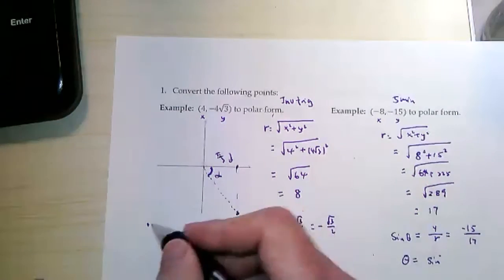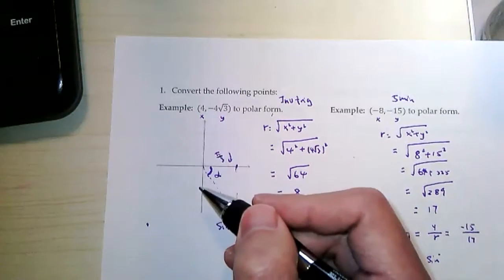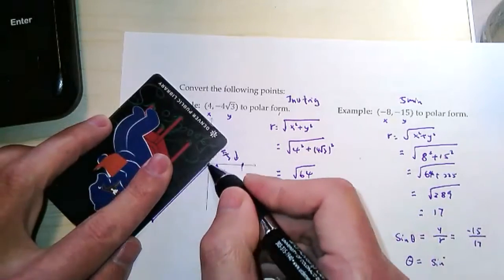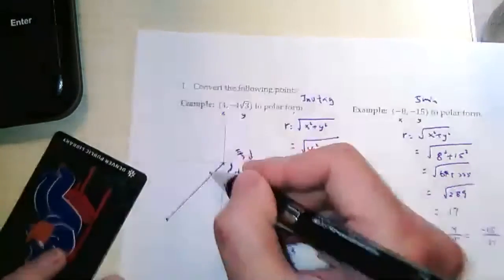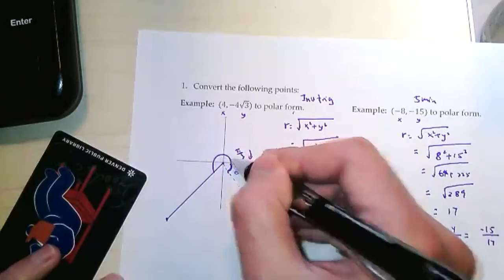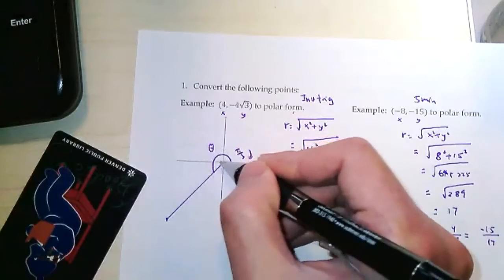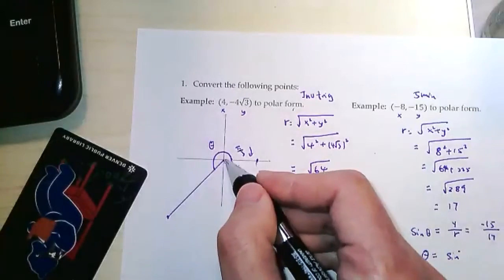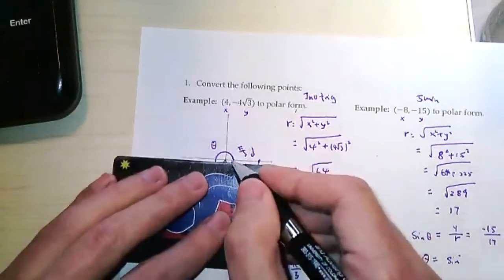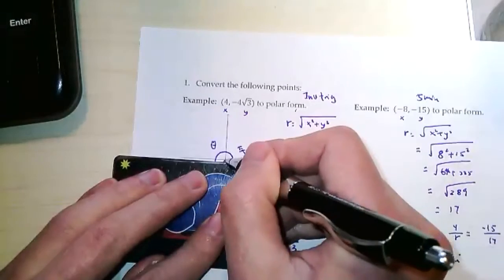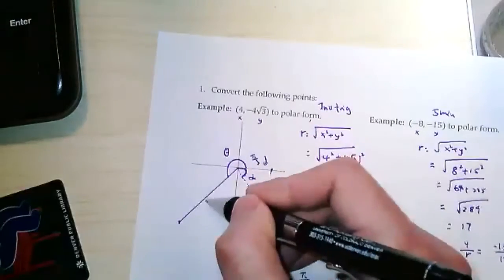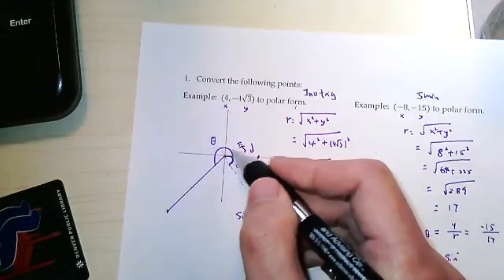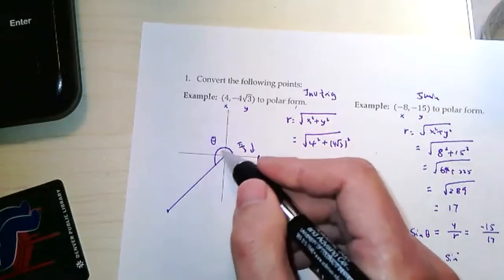In this case, what is our angle theta? It is this angle, right? This is your theta. This is very wide.